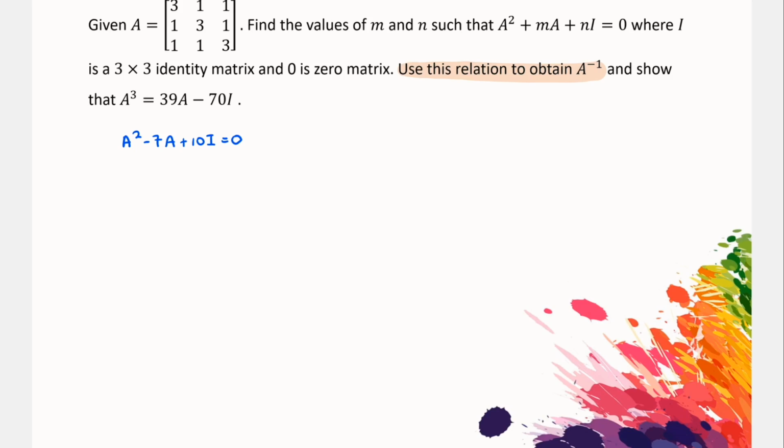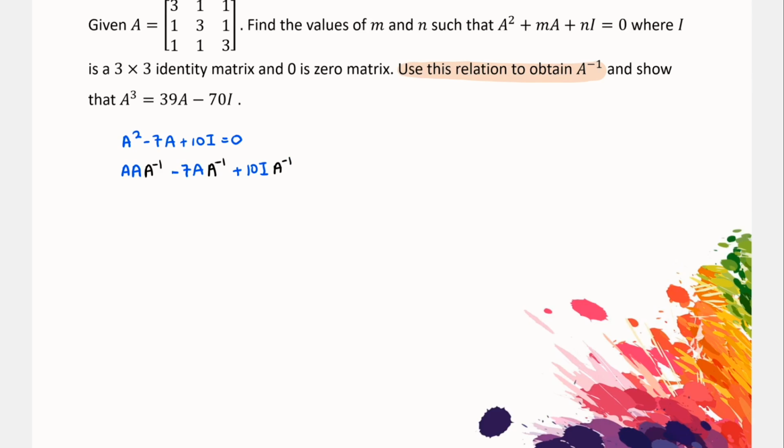The same step: we are going to multiply this relation with A inverse, because I can see there is an I here. So A squared is AA multiplied by A inverse, minus 7A multiplied by A inverse, plus 10I multiplied by A inverse.